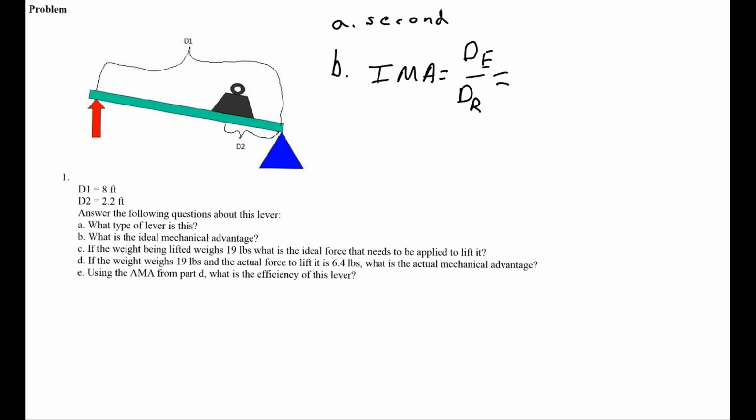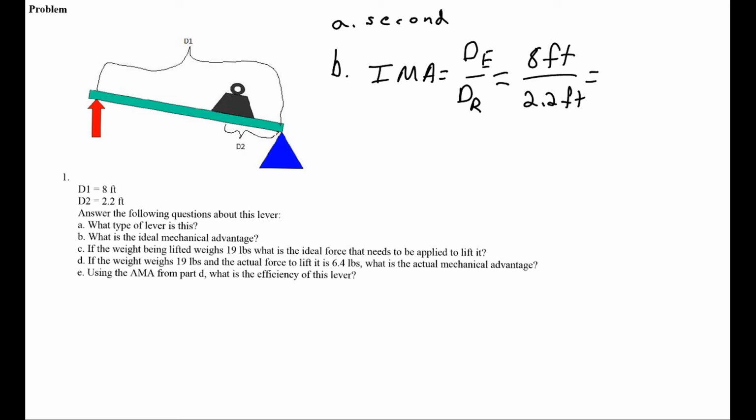So let our effort distance be here. No, remember this distance is measured from the fulcrum, so it's just going to be 8 feet. And what's our resistance distance? 2.2 feet.